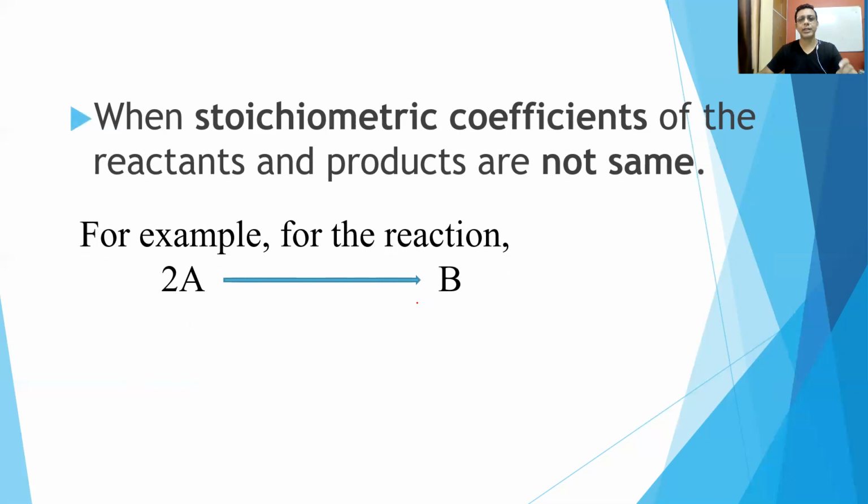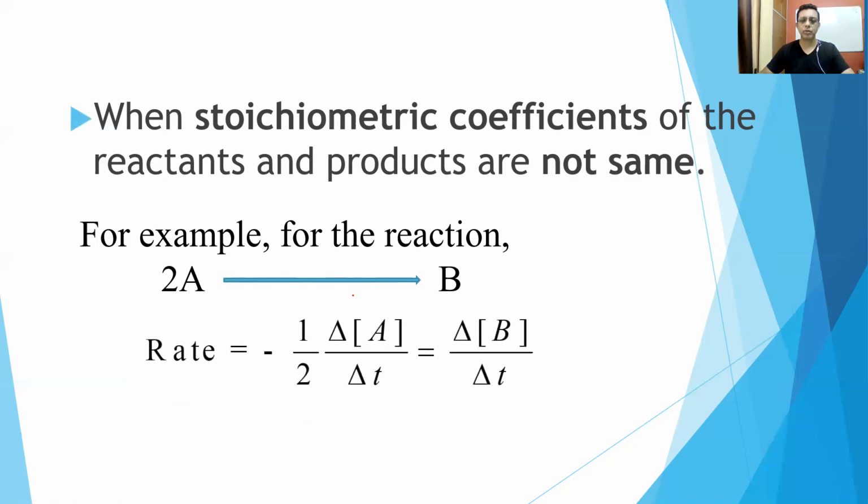That means the rate of disappearance of A is 2 times the appearance of B. So in this type of case, to make them equal, the rate is expressed like this: half of delta A by delta T will be equal to delta B by delta T. Because in this case, the disappearance of A is 2 times the appearance of B. To make them equal, the rate of disappearance of A is multiplied by half so that they become equal.